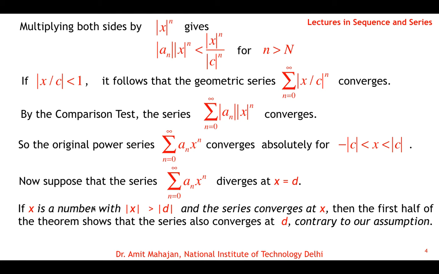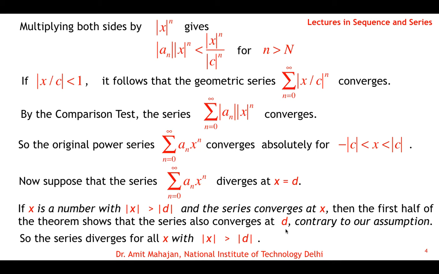So our assumption that x is a number bigger than this and it converges is not true. That means if x is a number bigger than this, then it must diverge. So the series diverges for all x with this condition. Okay, so that's the theorem.